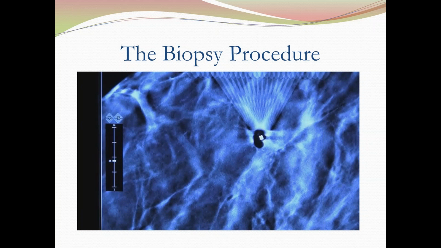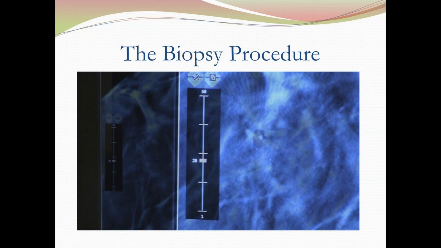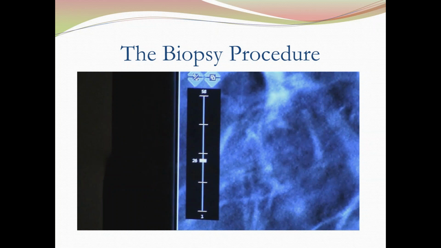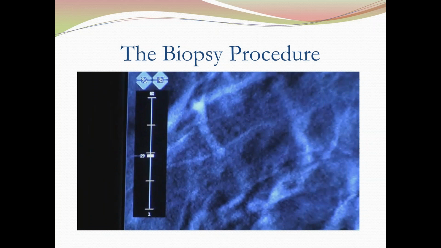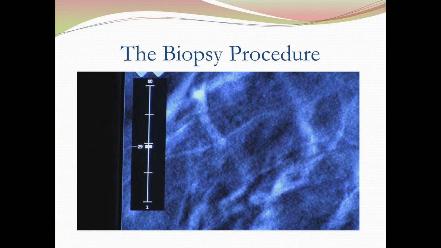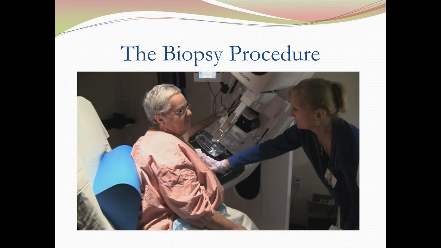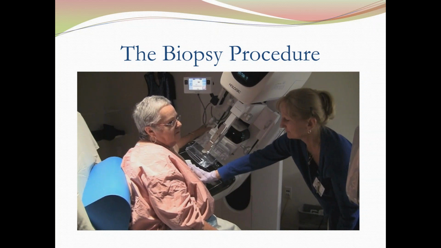You can see on the left-hand side of the image, it shows me the depth within the breast, and it's at 25. The target was at 29, so there's a 4-millimeter differential between the clip and the target. That's good. We hold pressure.